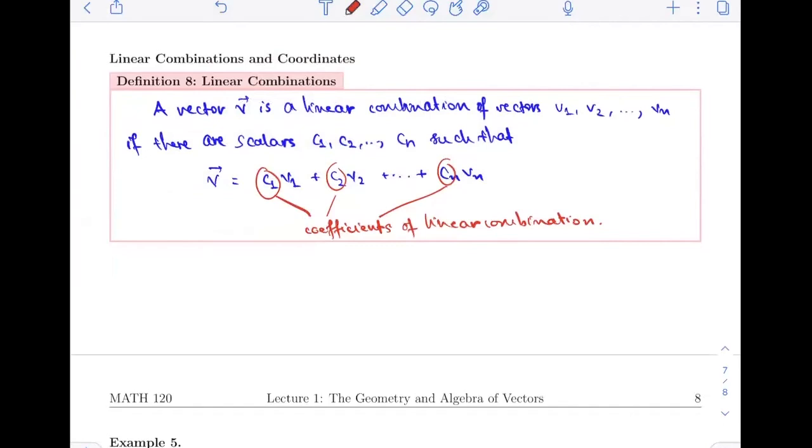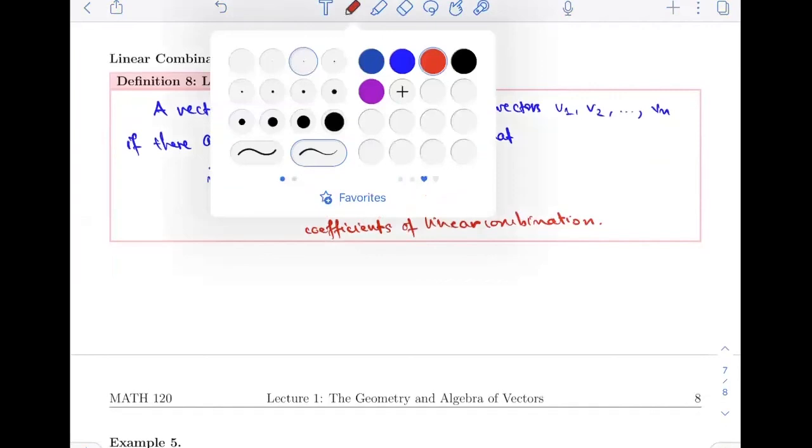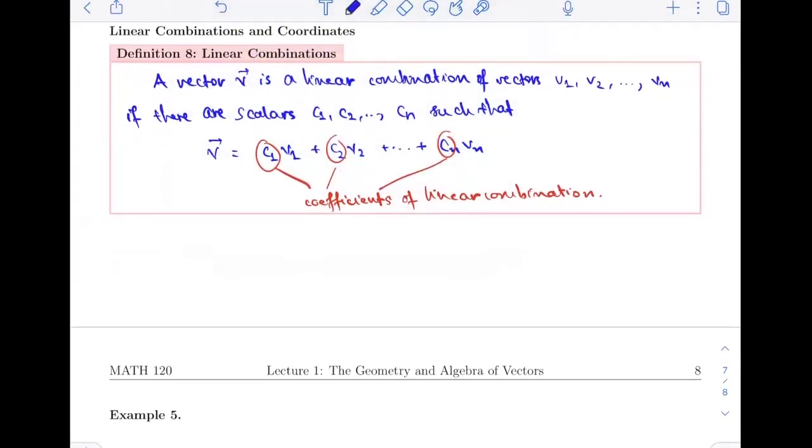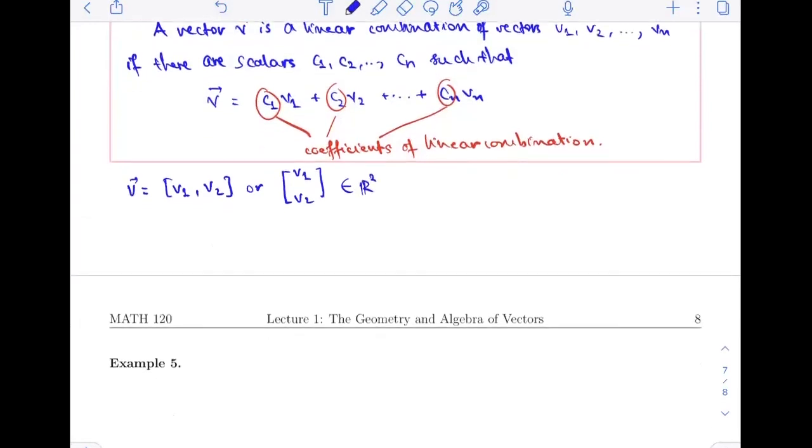Because of that, I want to briefly introduce to you the idea of vectors in higher dimensions. Again, if you have v equal to v1, v2, that is the row vector, or if it's in the column vector, it means the same thing, right? This one is in R2, which indicates that this is a two-dimensional vector. Depending on the problem, you can have a 3-dimensional vector, v1, v2, v3, so you have 3 components, or in the column vector.